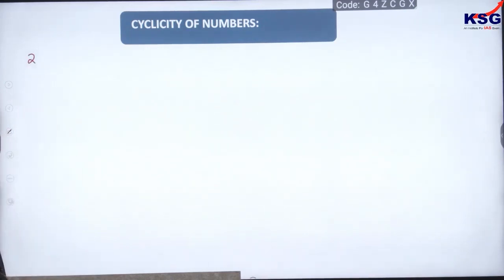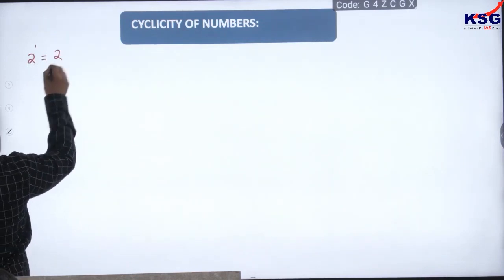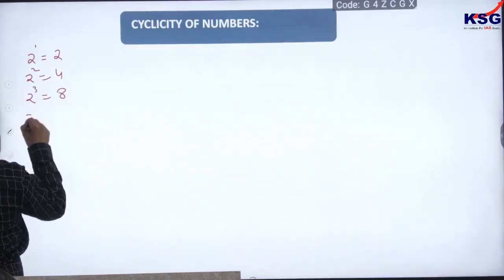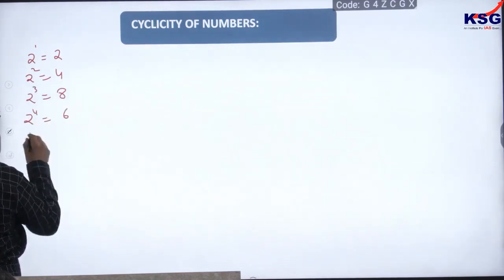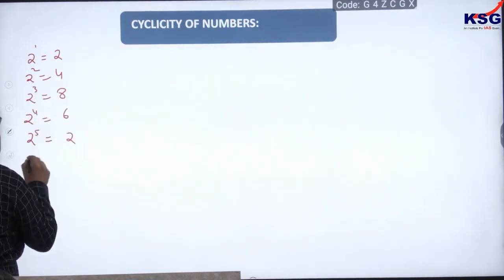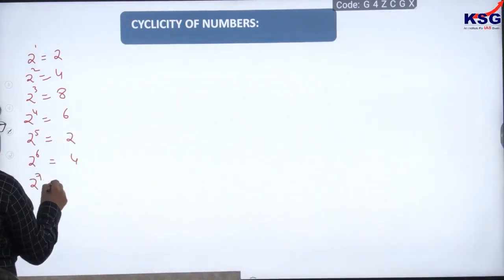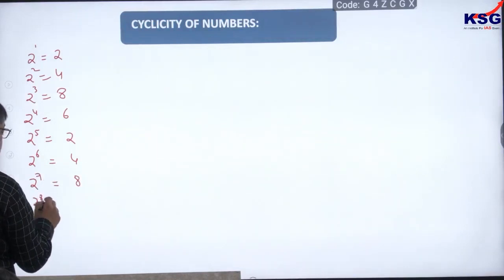I will take various powers of 2 and you have to tell me the units digit of the value. So 2 power 1, 2 power 2, 2 power 3, 2 power 4, perfect. 2 power 5, 2 power 6, 2 power 7, 2 power 8.